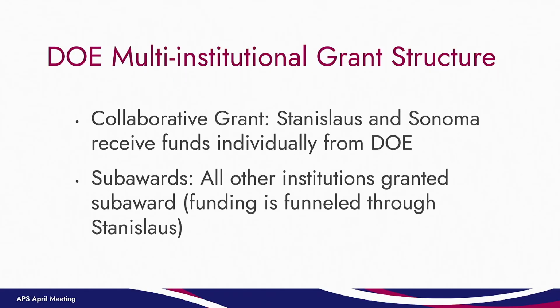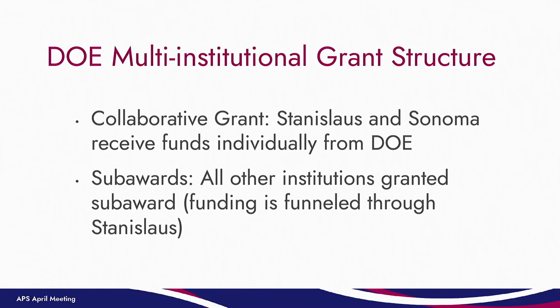But you might be wondering, I just listed all these institutions that are not Sonoma State or Stanislaus State. So we have this collaborative grant structure, but then below Stanislaus State were many sub-awardees. All of the other institutions that are a part of this grant technically have sub-awards, which means that their funding is funneled through Stanislaus.